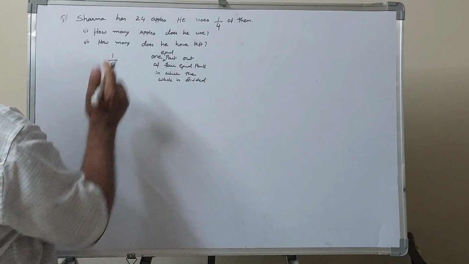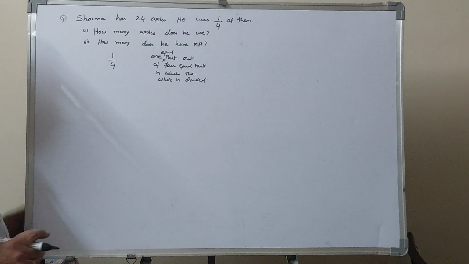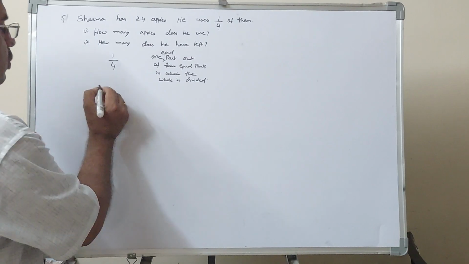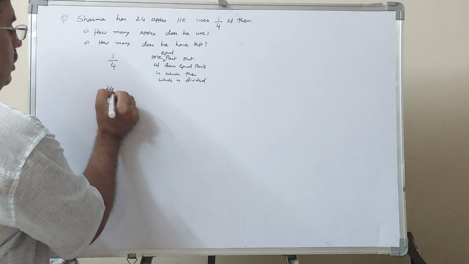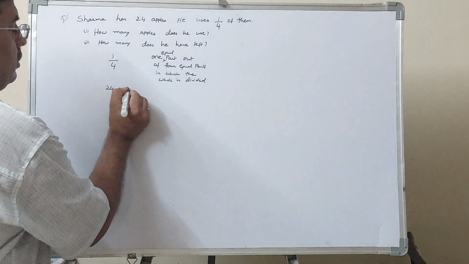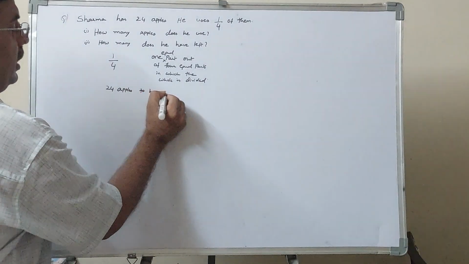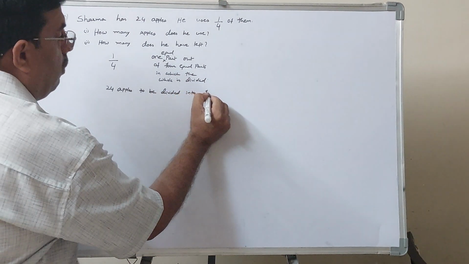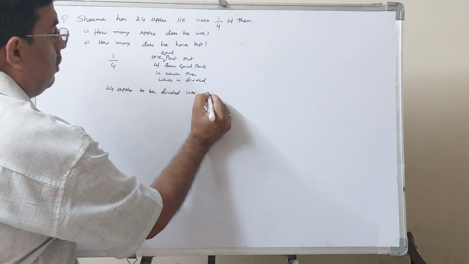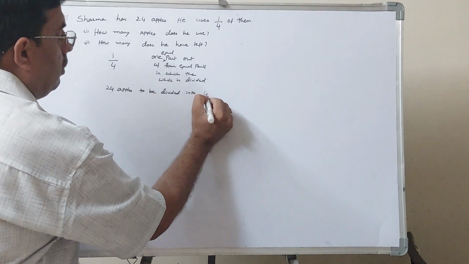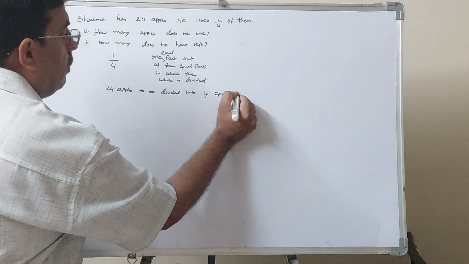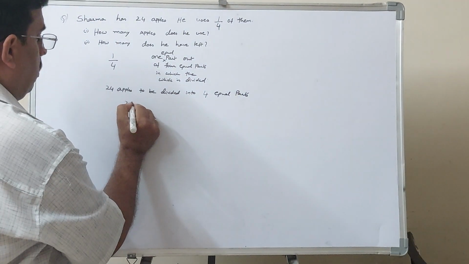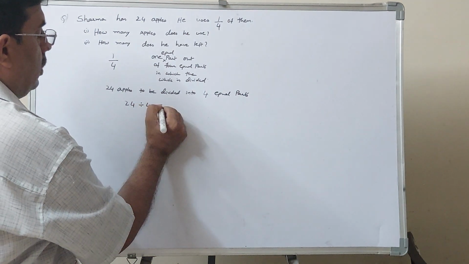So what is the whole? 24 apples. Whole is 24 apples. If the 24 apples are to be divided into 4 equal parts, how will you do it? 24 divided by 4 is equal to how much?